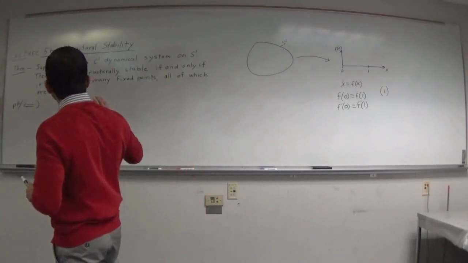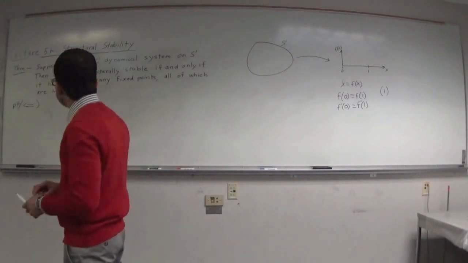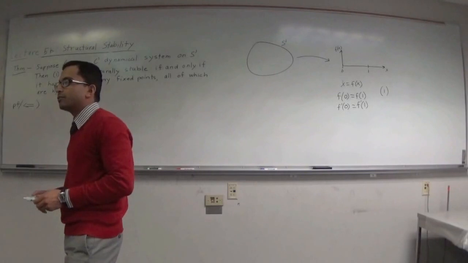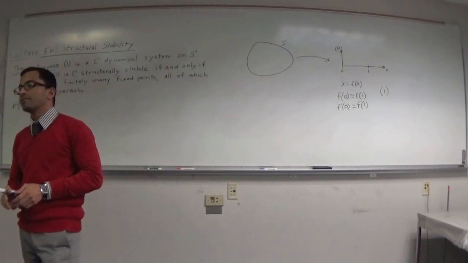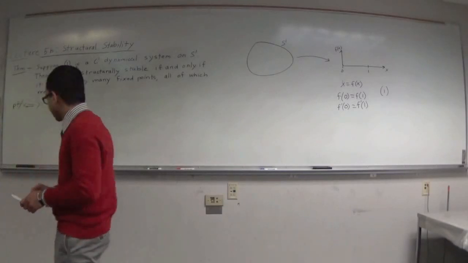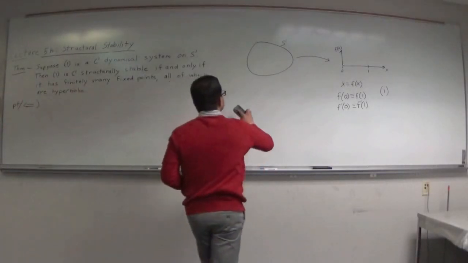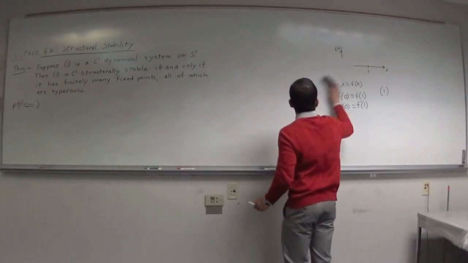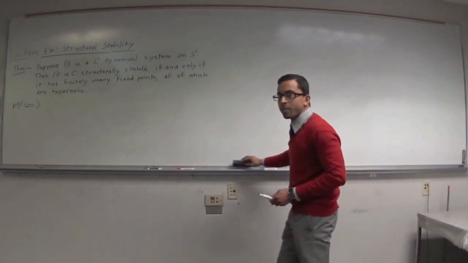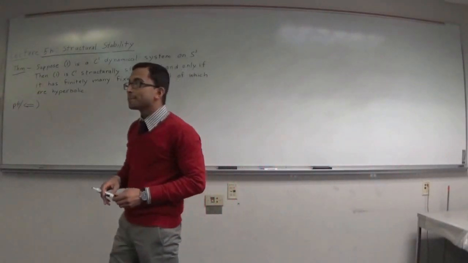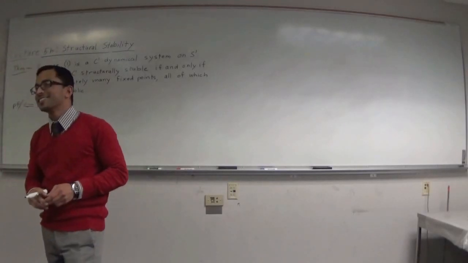So if we have finitely many hyperbolic fixed points, then what is one case that we can think of? What is one trivial system that has finitely many hyperbolic fixed points? X? Hmm? X? It's not quite trivial though.